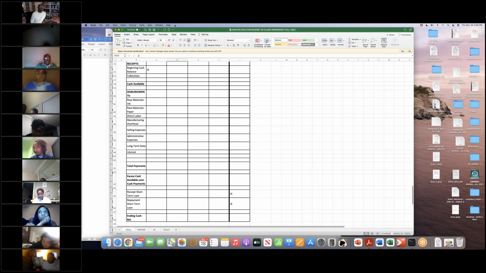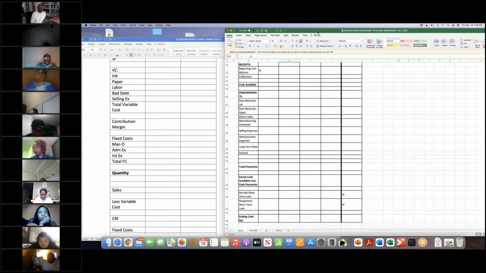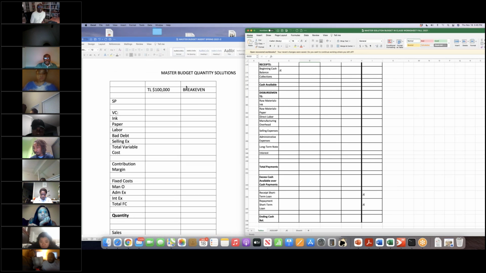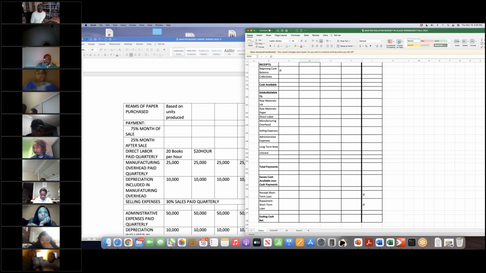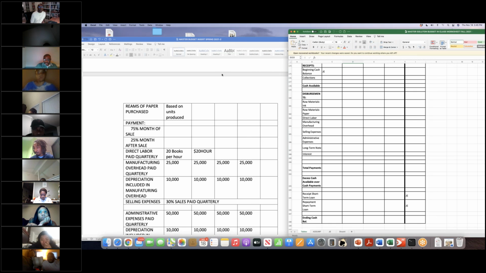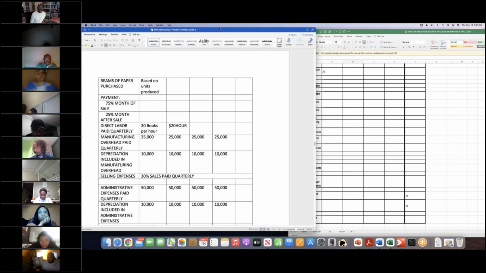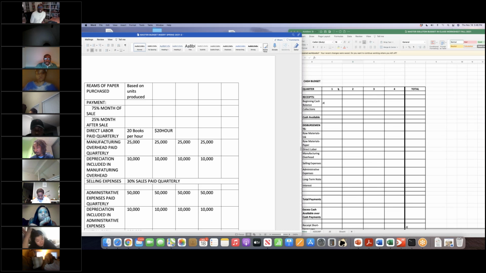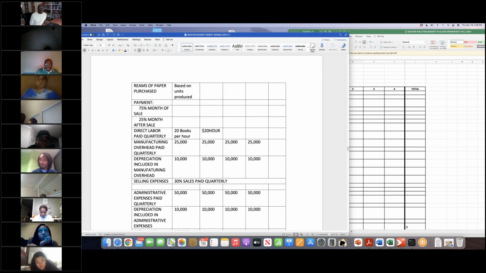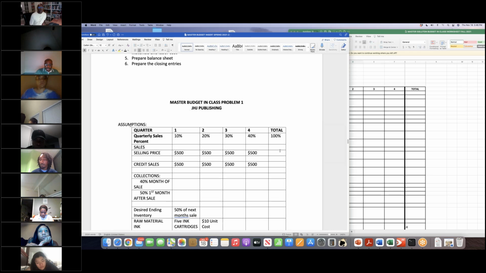Okay, so as we're prepping, and as we're getting ready to determine how many we're going to make, and as we work on our assumptions, I'm going to insert a column to the right.